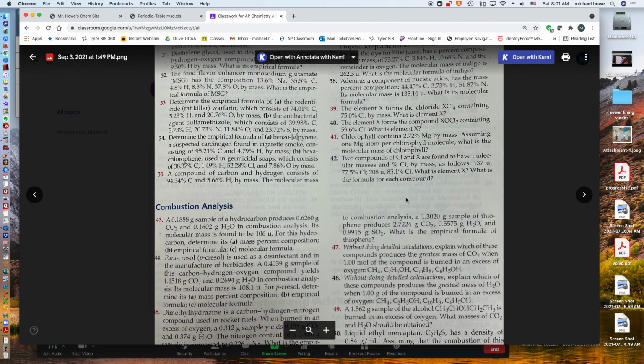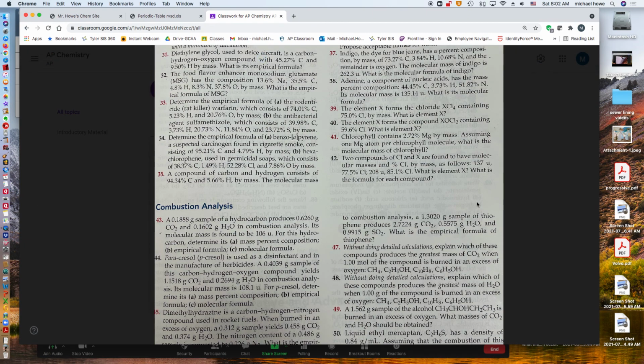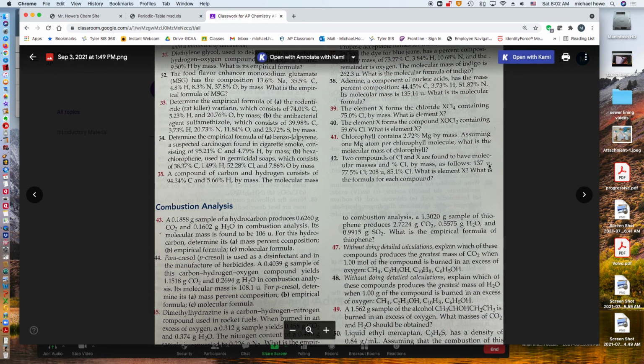Okay, so chlorophyll contains 2.72% magnesium. So let's write that down. 2.72% magnesium by mass.